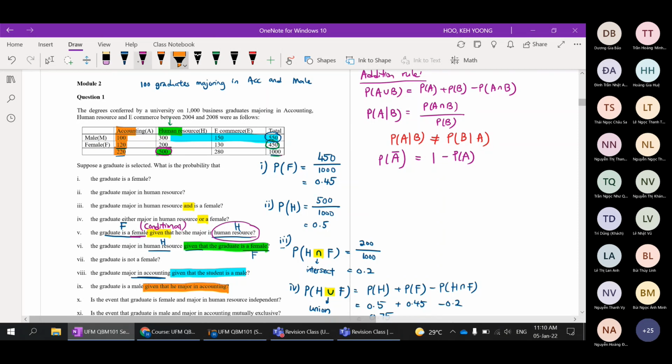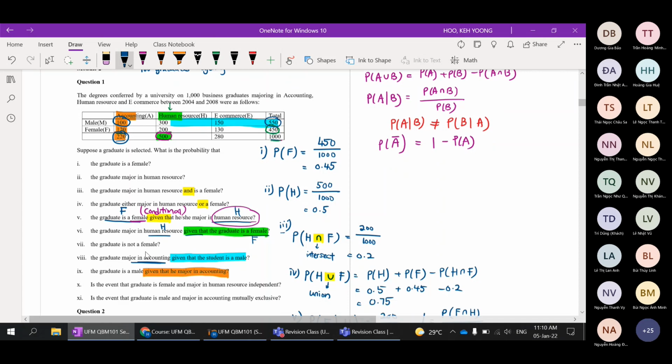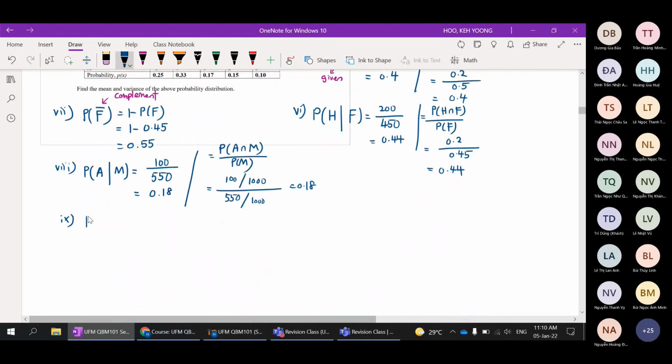Where is the total for accounting? 220. Out of these 220, how many of them are male? 100. So to calculate male given accounting, you again have 100 divided by 220. You get 0.45.